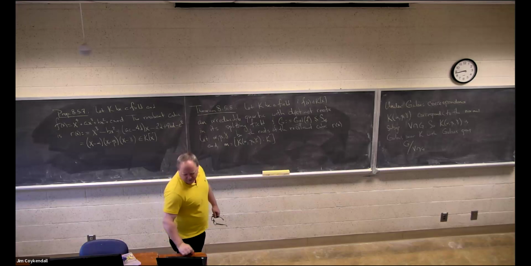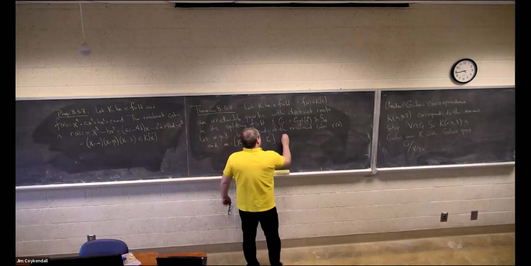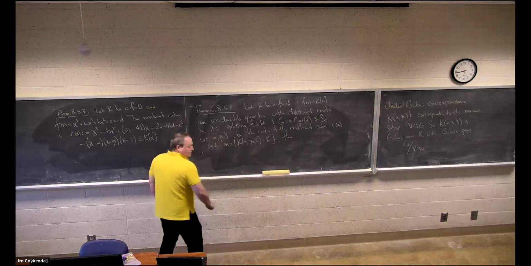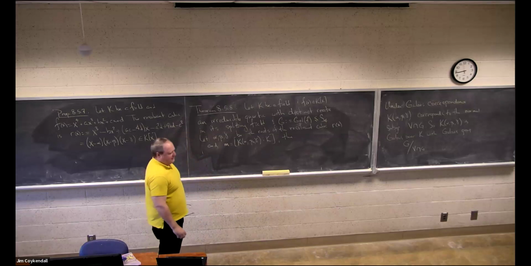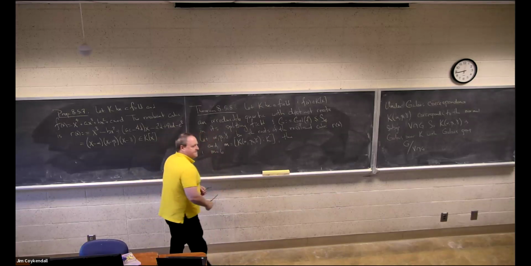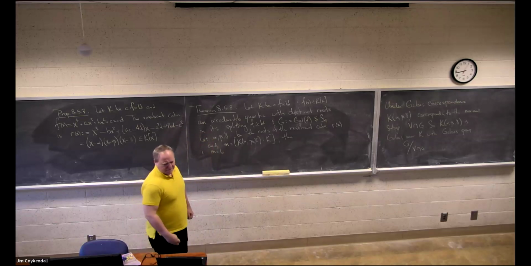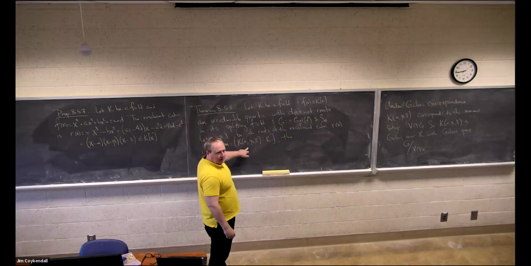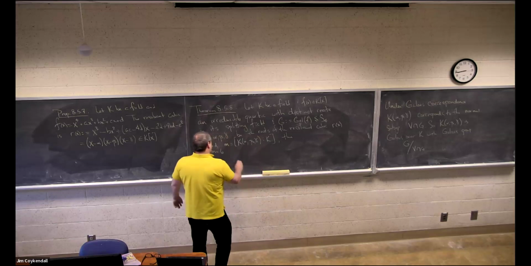So we have the following. Number one, M equals 6. Suppose that this extension is degree 6.